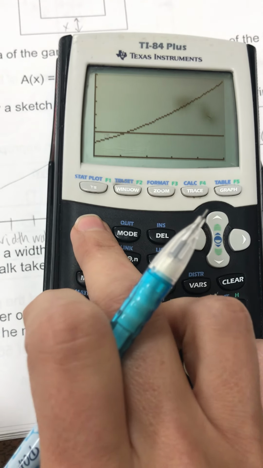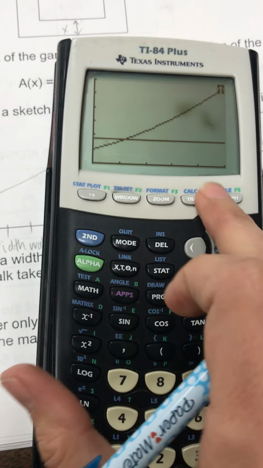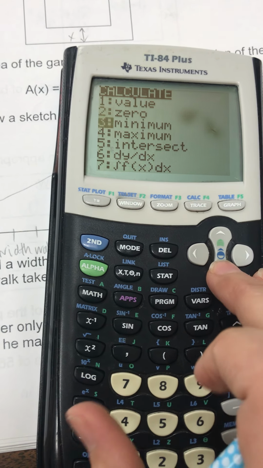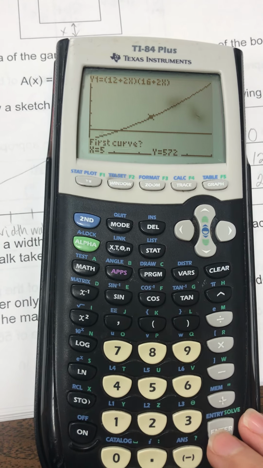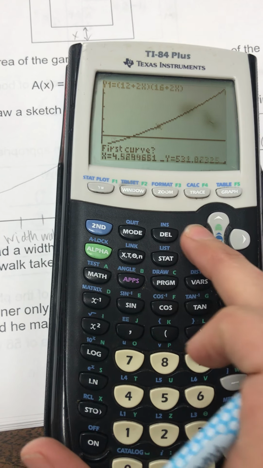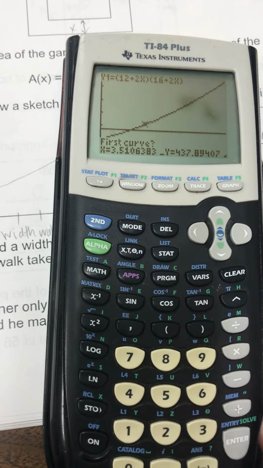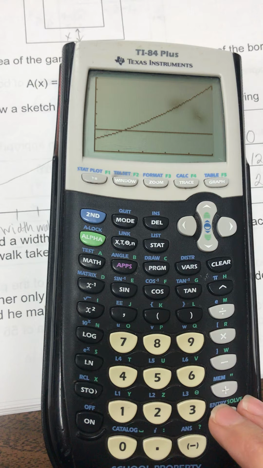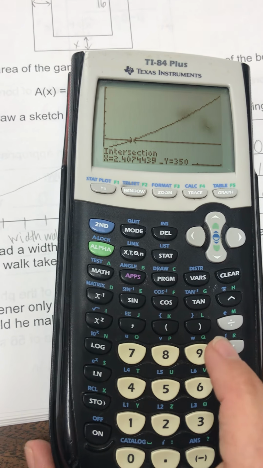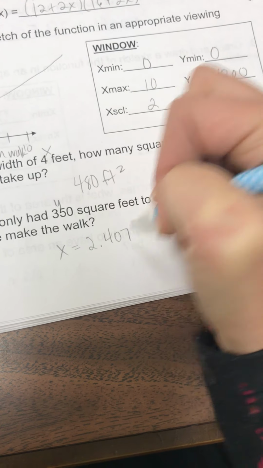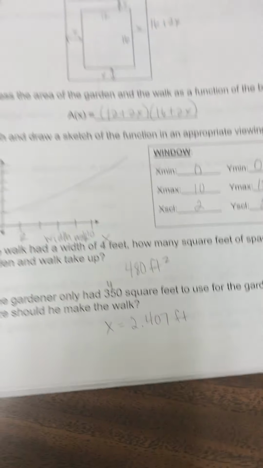Now you're going to go to second trace, go to intersect, get closer to the point, and hit enter, enter, enter. It's 2.407. So x is equal to 2.407 feet.